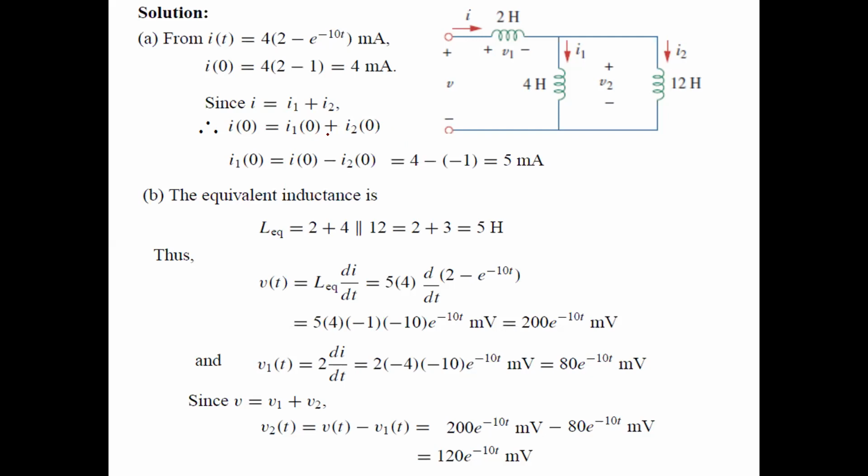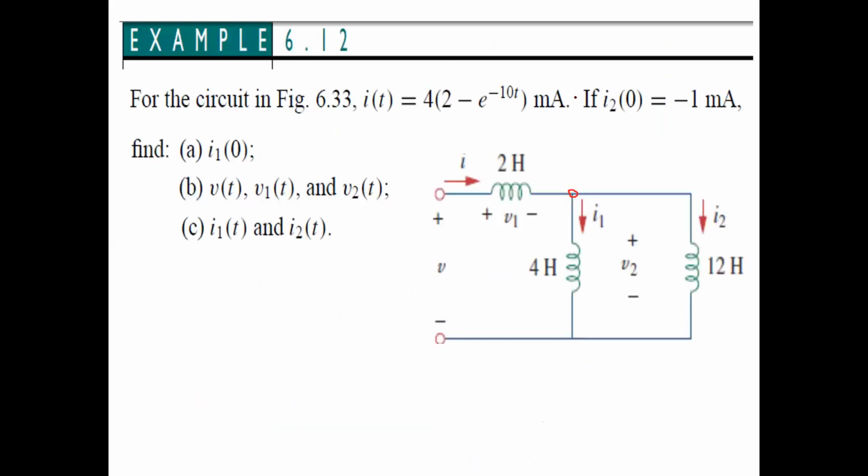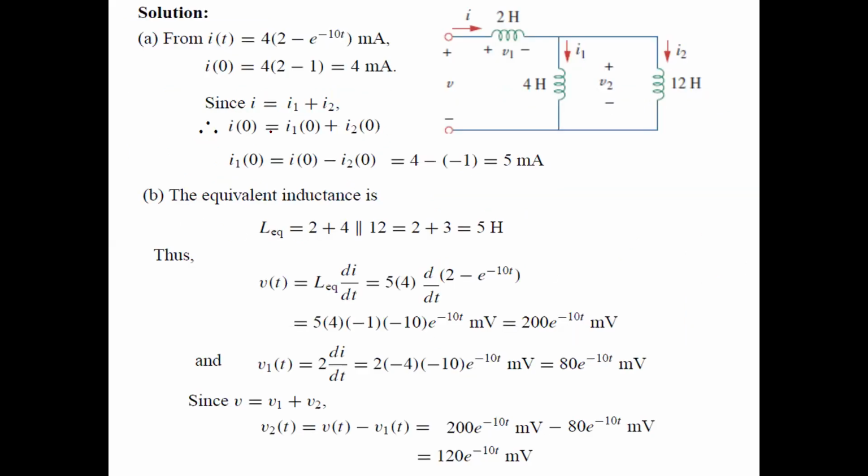We want to find the initial value of current through the 4 Henry inductor, which is I1 of 0. So I of 0 is given. We can find I1 of 0 by putting 0 in this equation. So that will be 4 into 2 minus e raised to the power minus 0.